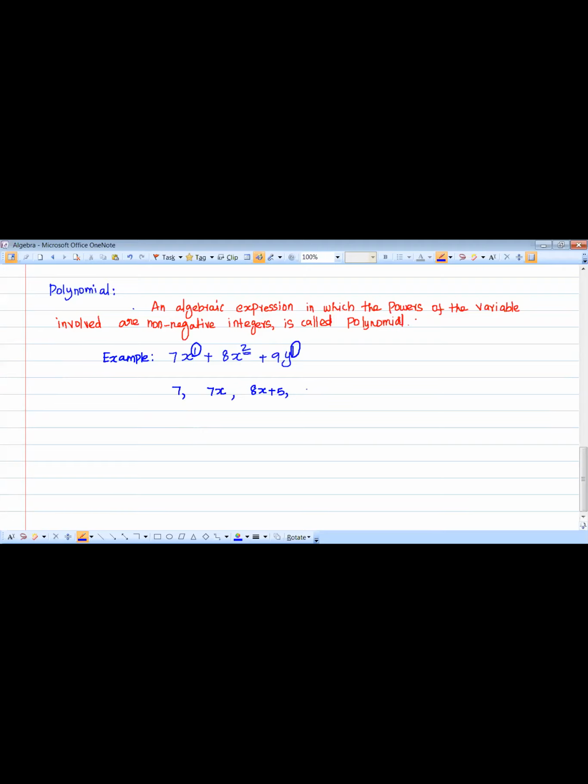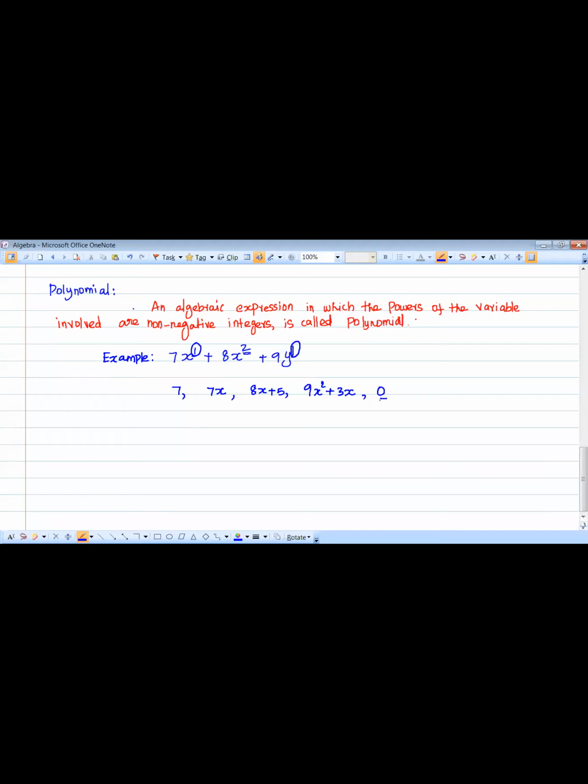And 9x square plus 3x is a polynomial, yes. 0 is a polynomial, yes, because 0 is called the zero polynomial. There are two different terms in your higher classes. One is zero polynomial. Another one is zeros of the polynomial. So zeros of the polynomial is a different one.